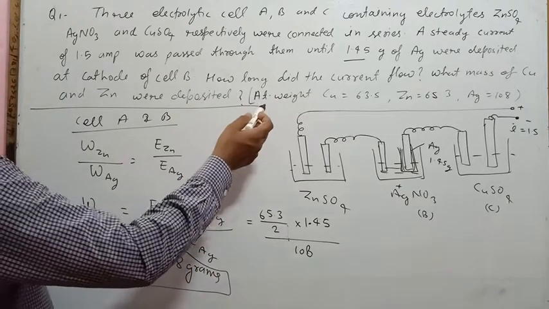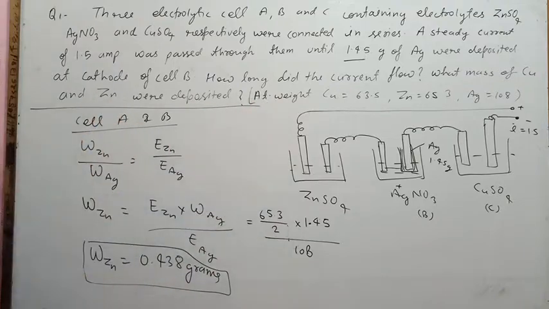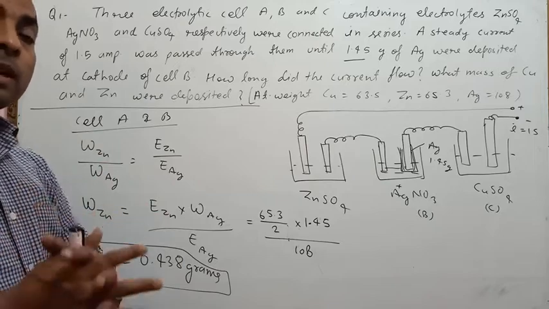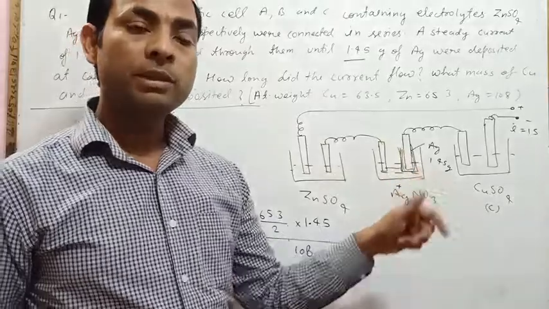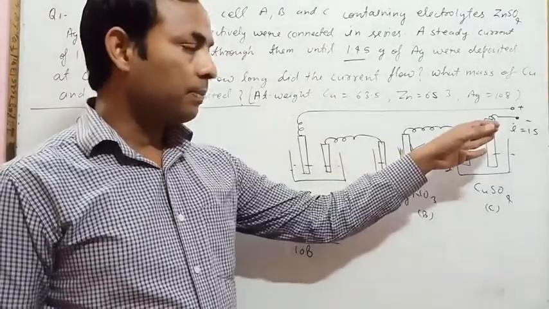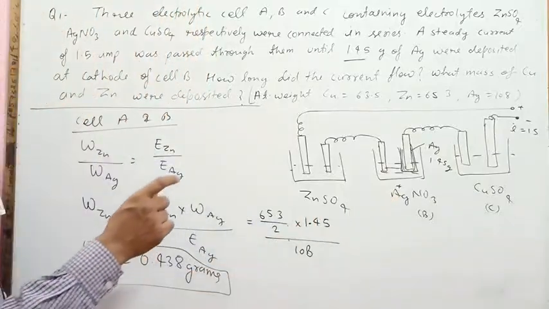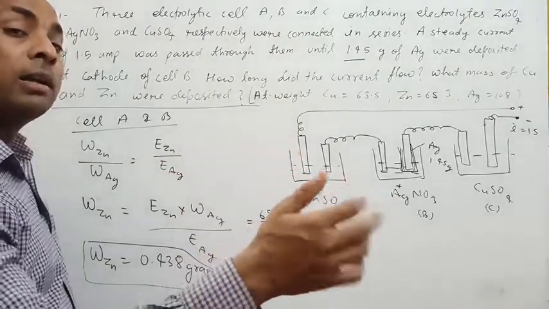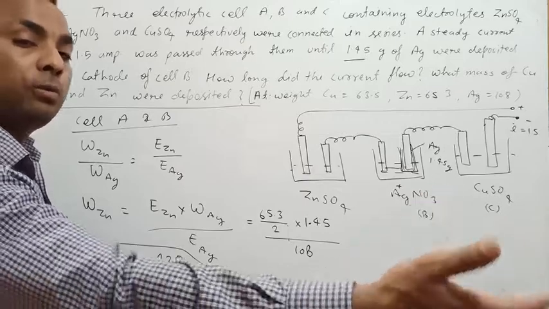The question asks to calculate the mass of zinc and also copper, and I have already calculated the mass of zinc. Once again, according to the second law of Faraday, when different electrolytes are connected in series and the amount of current is the same, the deposited amount of substance is directly proportional to its equivalent weight.